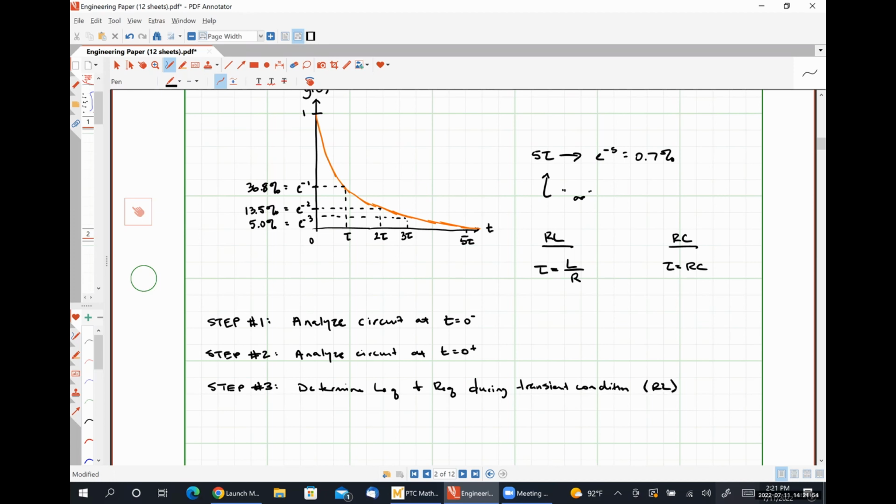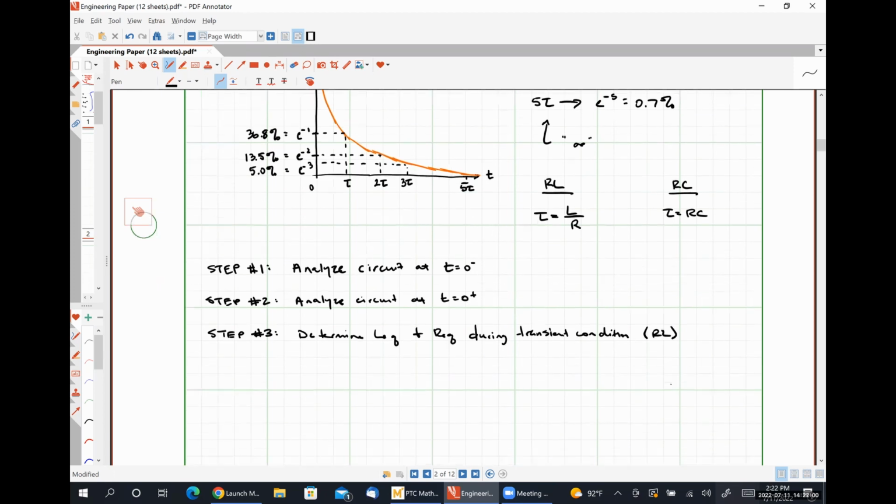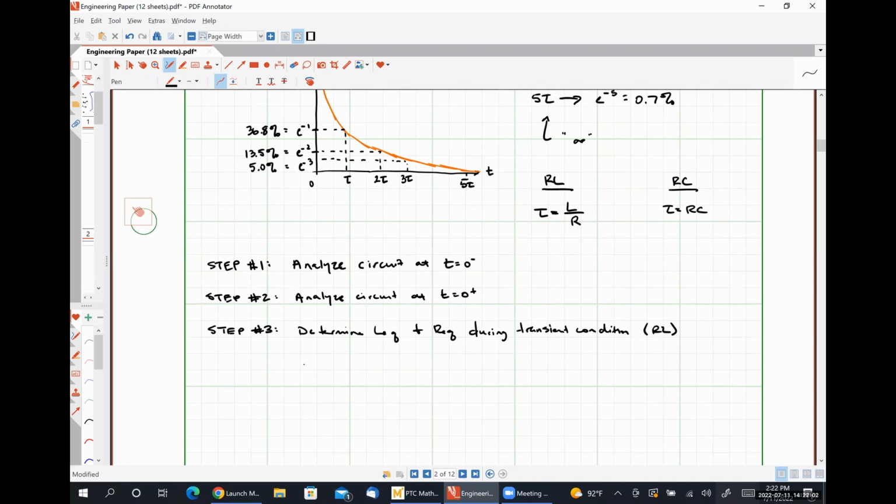This was for RL circuits. As you can probably surmise, step number three for an RC circuit would be to determine CEQ and REQ during the transient condition.